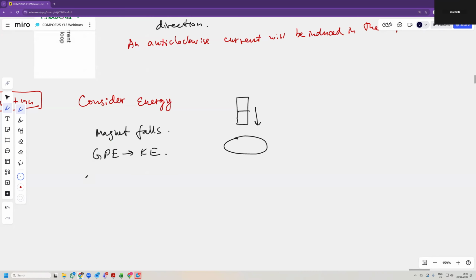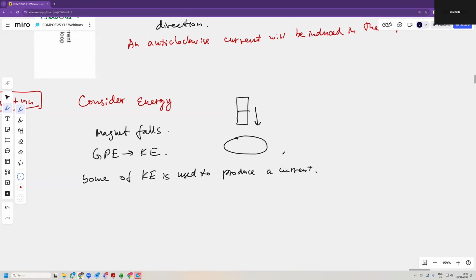Now, some of the kinetic energy is used to produce a current. Because there's a current, the coil will heat up.